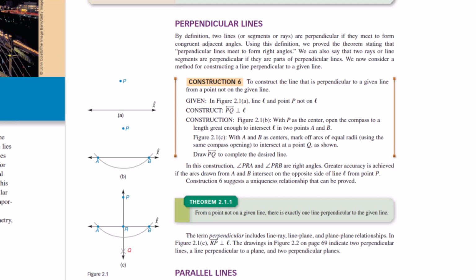So yeah, to me what they're saying there is something like if we have something like this, ray AB, and then maybe segment CD.